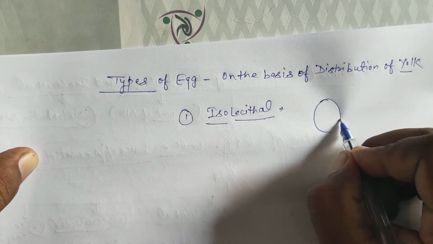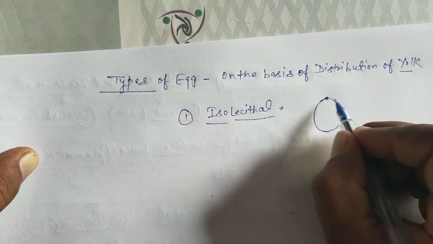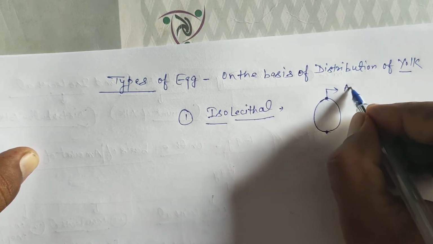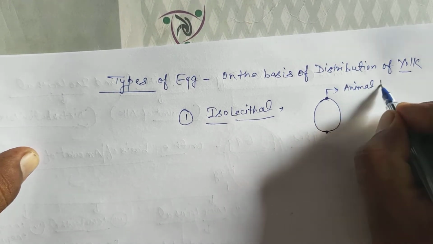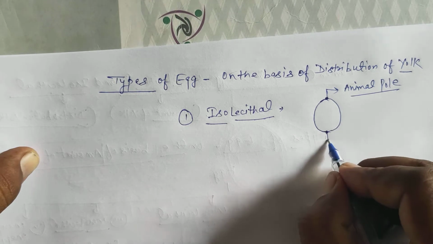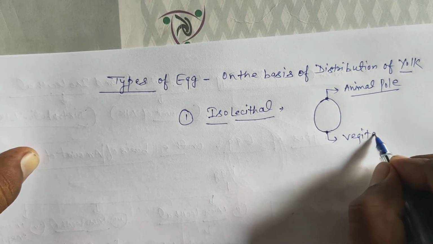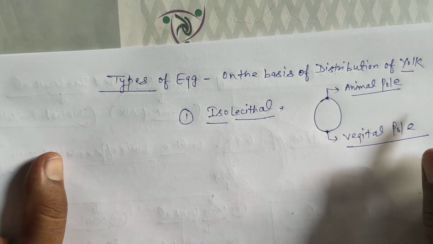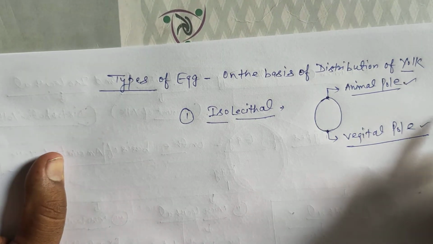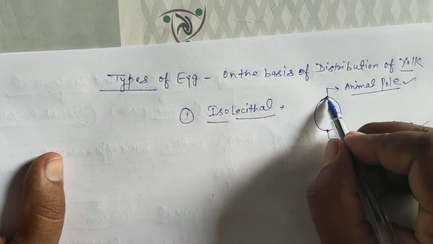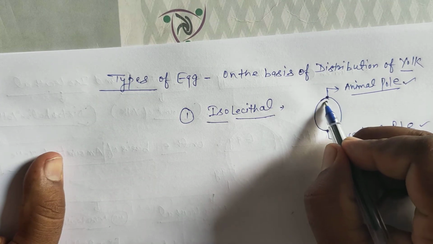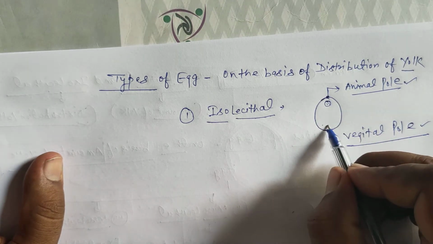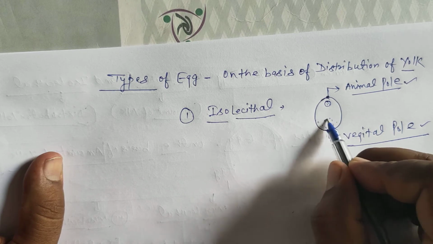For example, human egg. Pole, this is pole. This pole is called animal pole. This pole is called vegetal pole. It means human egg or ovum has two poles. First is animal pole, second is vegetal pole. Nearby animal pole is located nucleus, nearby vegetal pole is less amount of yolk.